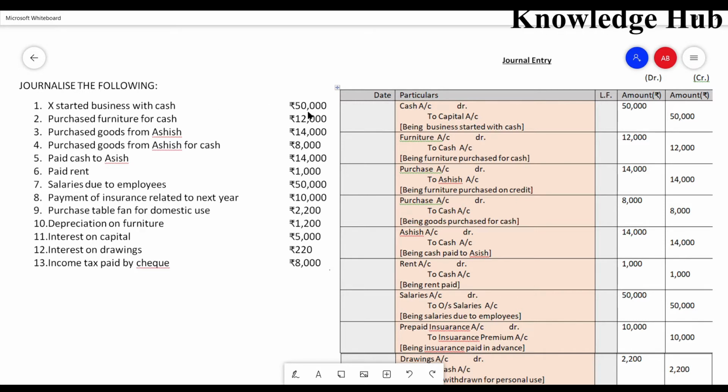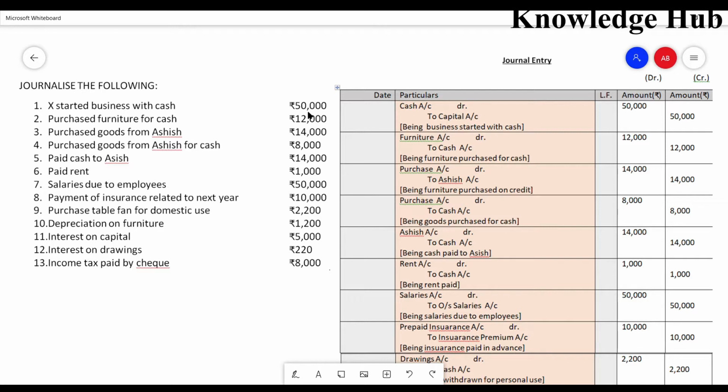Now, we already know each and every transaction affects at least two accounts. So, the two accounts that are being affected in this transaction are cash and the capital. Cash is being introduced by the proprietor. So, the cash and the proprietor's capital account get affected.